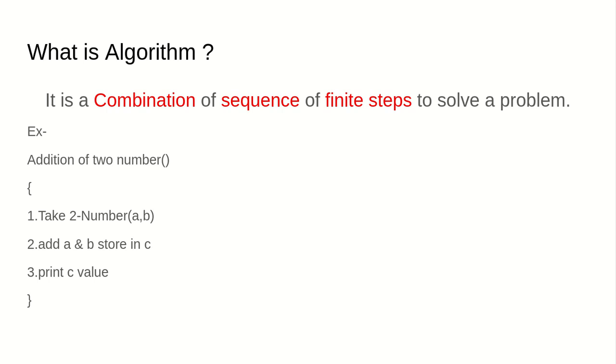After that constant number, the algorithm should terminate. So this is the combination, that we can't leave out any one statement from this algorithm, and the order is also required, that is sequence. And after a finite step, this algorithm terminates after 3 steps. In the same way, every algorithm should terminate after a finite step.